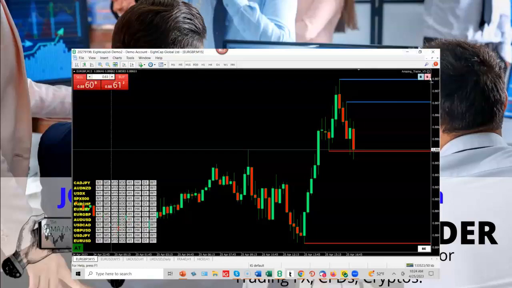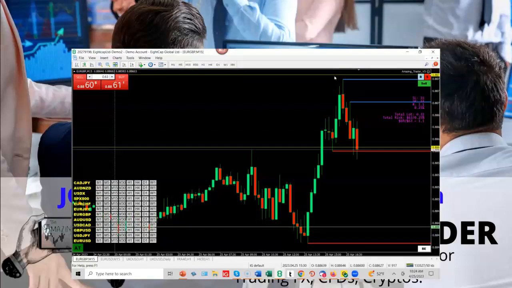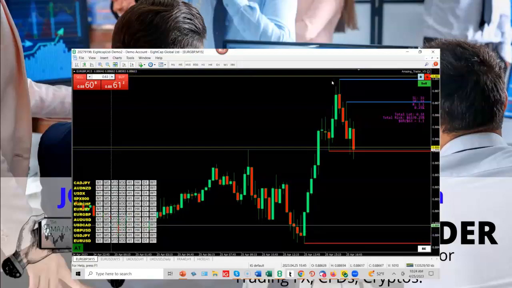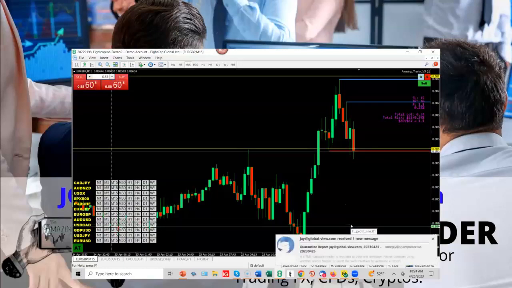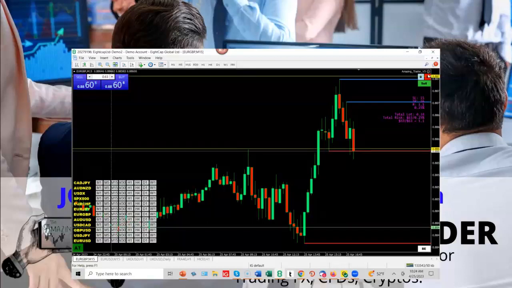We were going to sell here above 88.95 and take profits all the way down here. So on this cross, with London going home, we're just going to watch it for a while and see what happens.